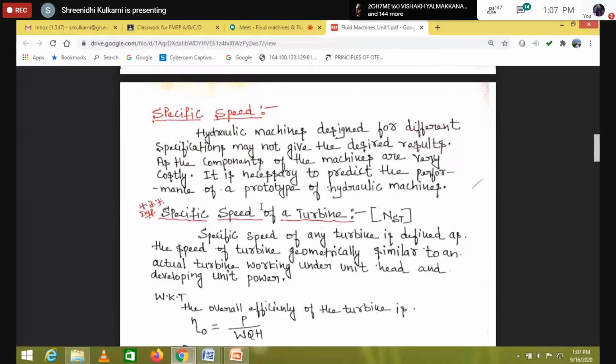Further, this specific speed is classified into two: one is power generating, another is power absorbing.